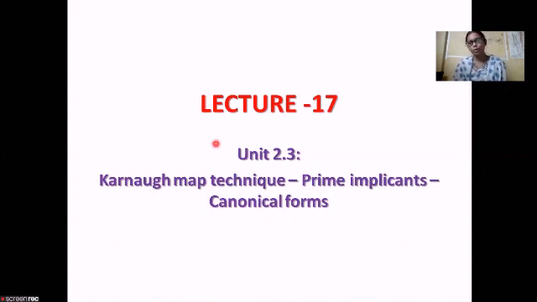Next, we have studied about the universal gates, that is the NAND gate and the NOR gate. After that, we have studied about the exclusive gates, that is the XOR gate and the XNOR gate. And in the logic gates, we have seen how to design the circuit. Suppose an expression is given, how to design the circuit using the logic gates. We have seen this one, and also we have done numerous examples.